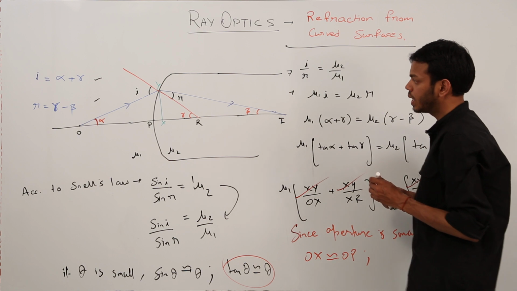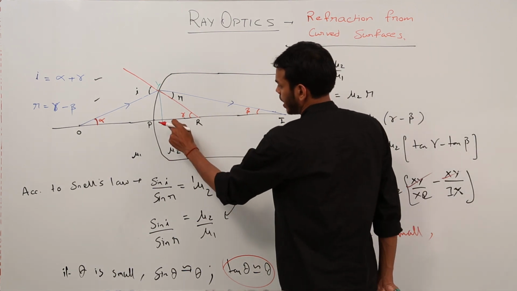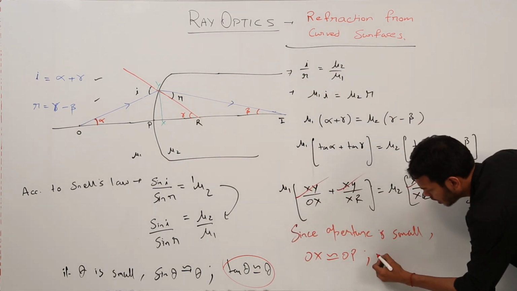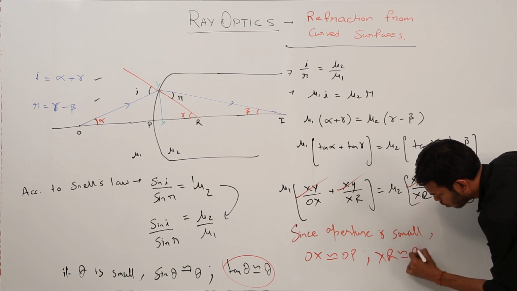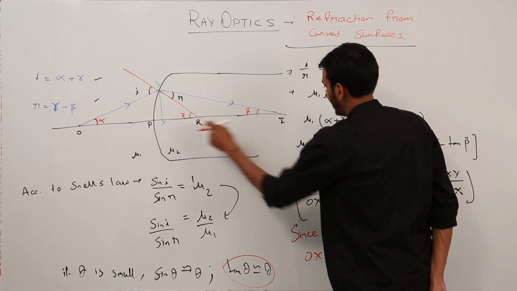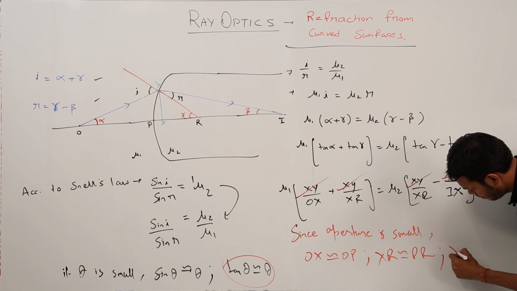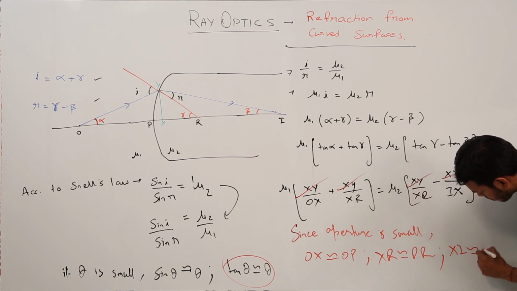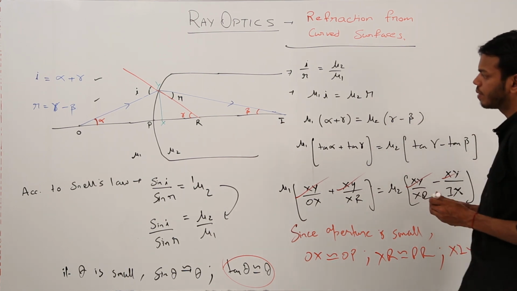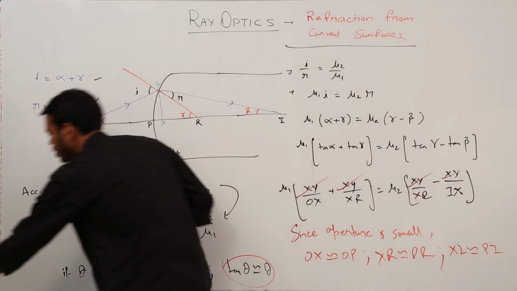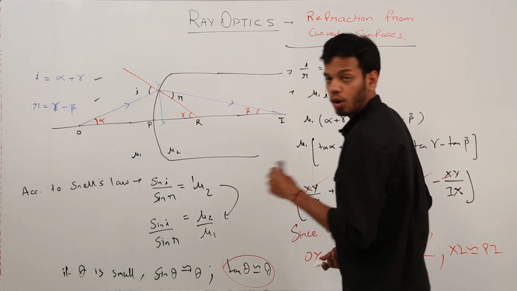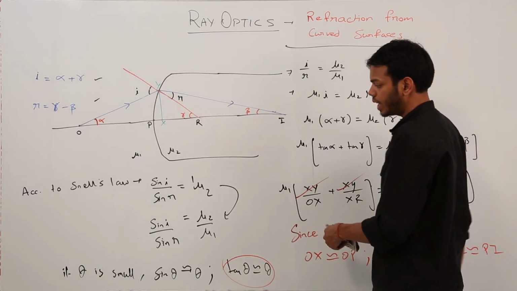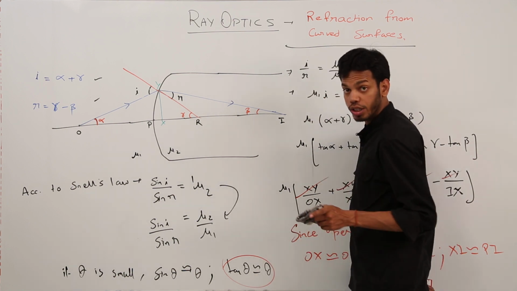That's first. Then XR is almost equal to PR. And then XI is almost equal to PI. Done? So I'll use this part. Hope you guys have already noted it down. If not, pause the video right now.